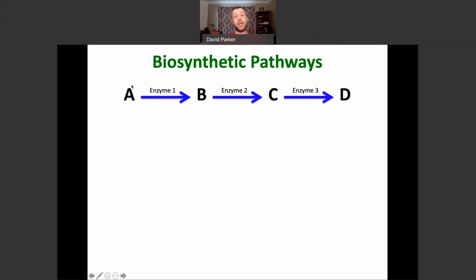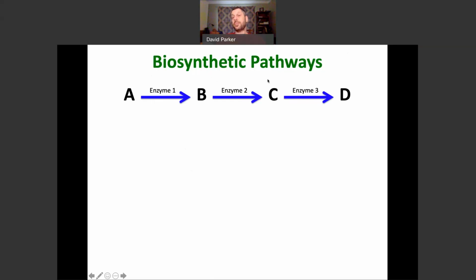So this describes 1, 2, 3 chemical reactions that are occurring, right? Each one of these chemical reactions is facilitated by an enzyme. So enzyme 1 catalyzes the conversion of A to B. B would be an intermediate in this process that needs to be catalyzed by enzyme 2 to become C, another intermediate.